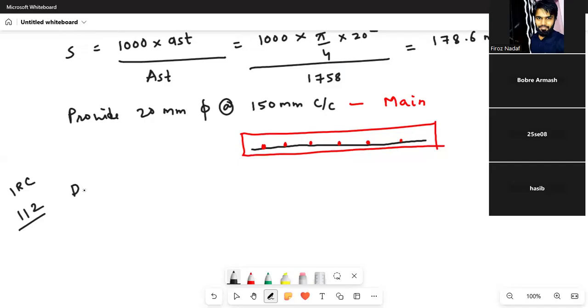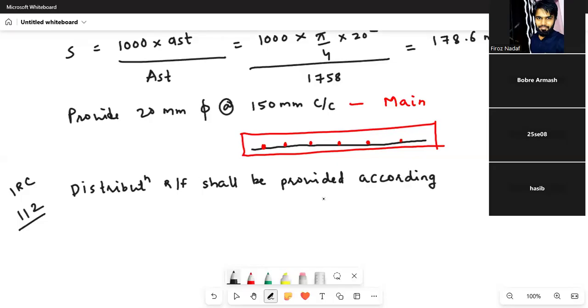So distribution reinforcement shall be provided according to the transverse moment.